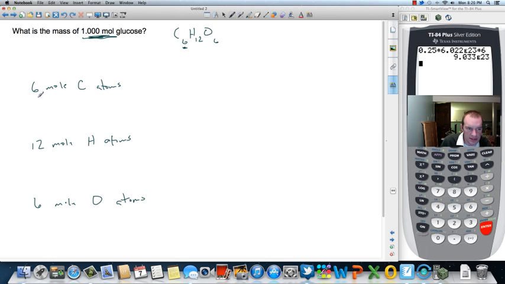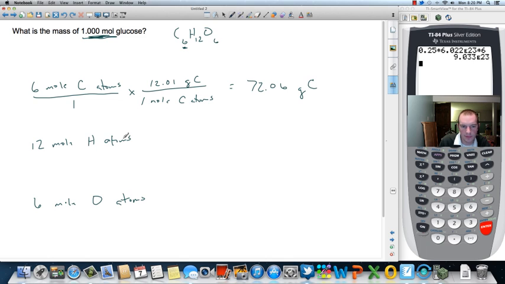If you have your periodic table out, 6 moles of carbon can be easily converted into grams of carbon, because 1 mole of carbon atoms is equal to 12.01 grams of carbon. So 6 times 12.01 is equal to 72.06 grams of carbon.